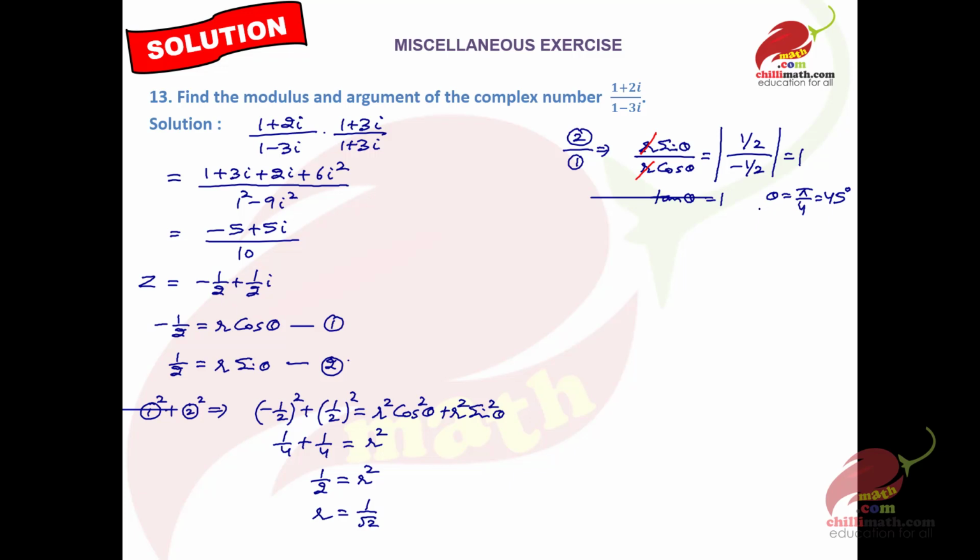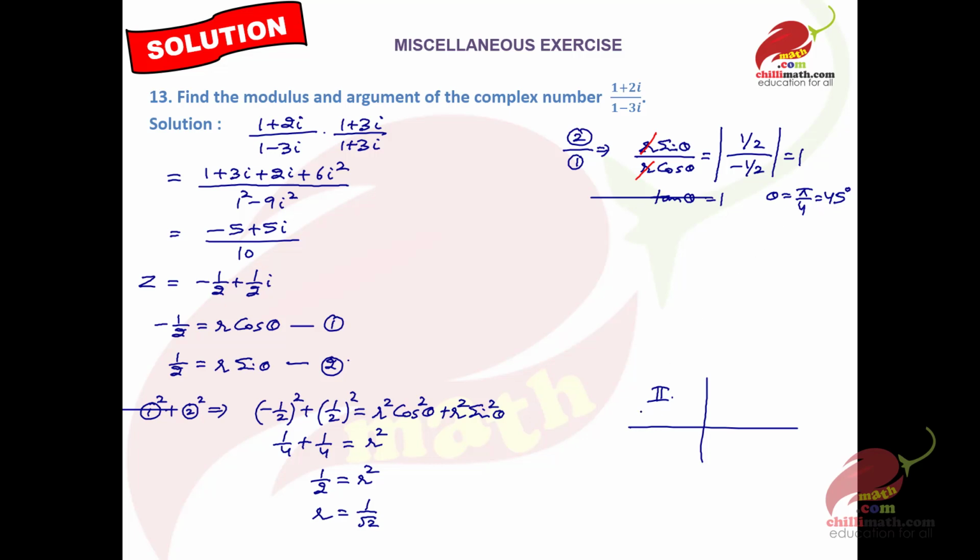This may not be the actual angle. So how to find this? From equation 1 and 2 we check cos theta is negative and sin theta is positive, and it is possible only if angle is in the second quadrant. So from here we got that angle should be in the second quadrant, and when theta is in the second quadrant then this is not the right answer because this is 45.